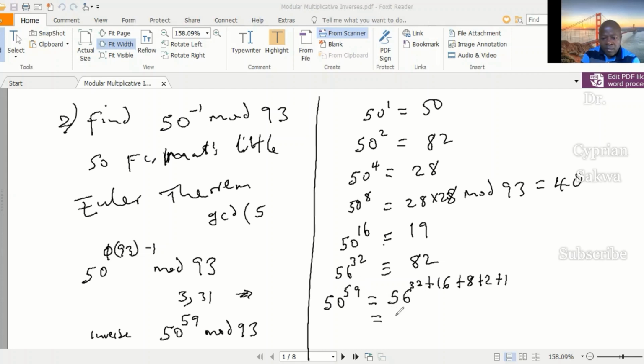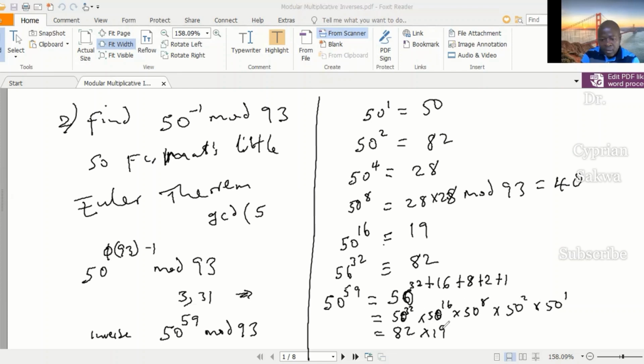So this is the same as 50 raised to 32 times 50 raised to 16 times 50 raised to 8 times 50 raised to 2 times 50 raised to 1. But 50 raised to 32 is 82. This other one raised to 16 is 19.